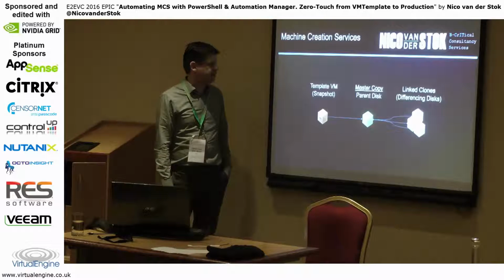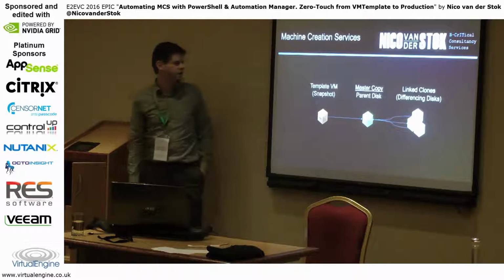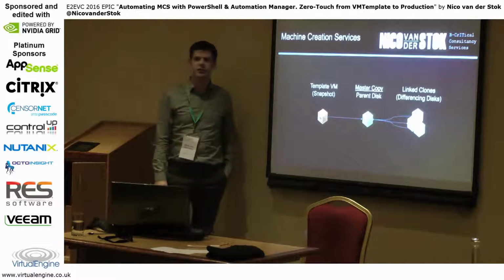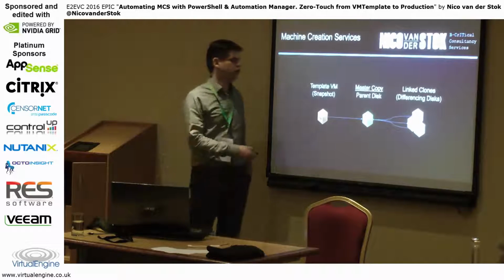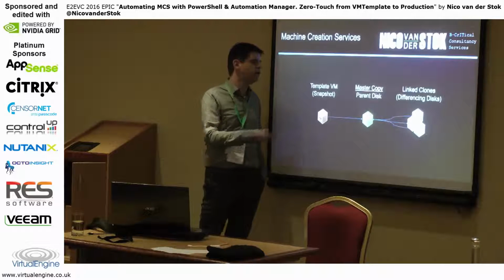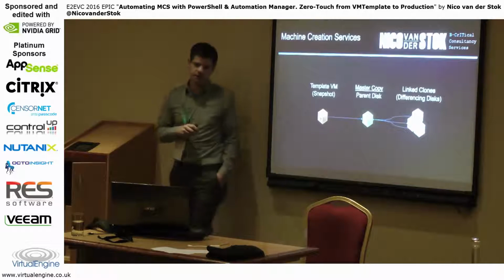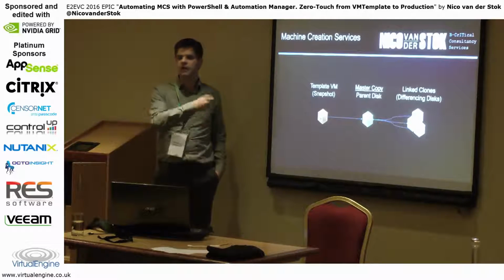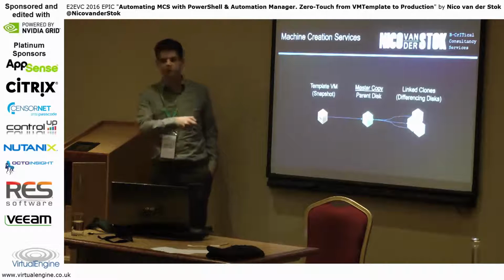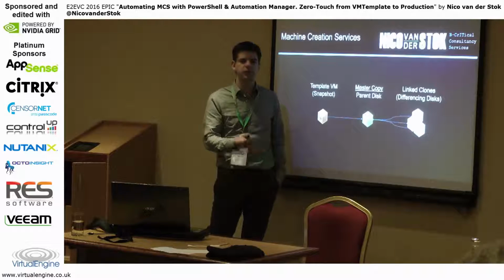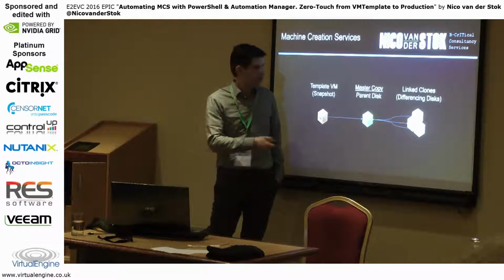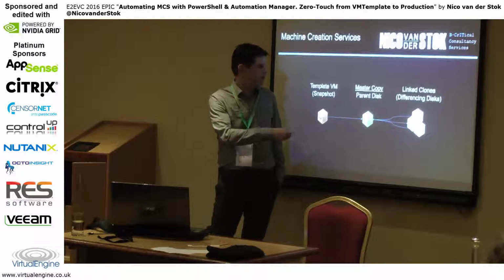Basically what is done is a copy is made from a template VM or a snapshot of a template VM. This copy will be like a master copy. It will be a parent disk for all the XenApp or XenDesktop machines created from it. They will have a differencing disk to capture all the writes, and they will use this as a parent disk.